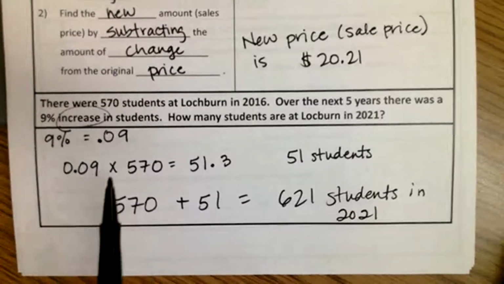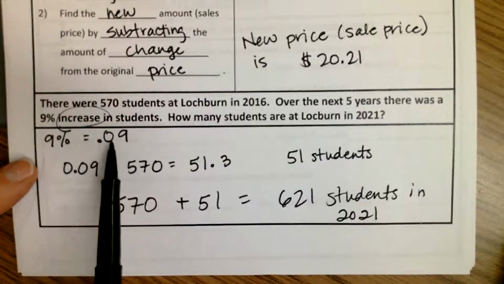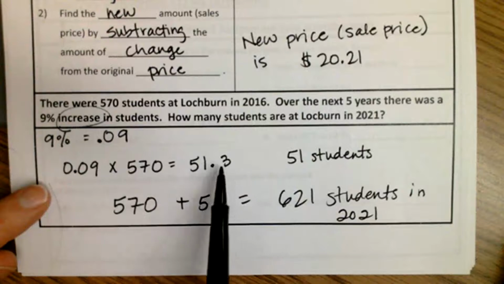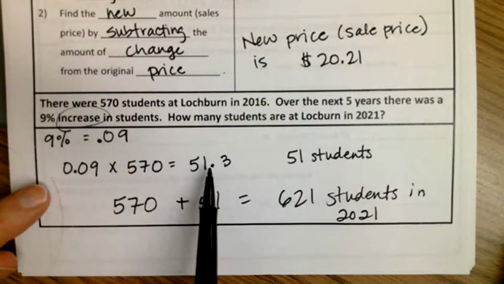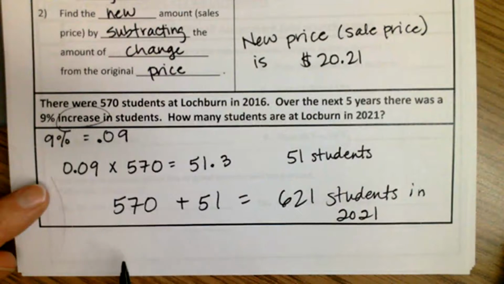Okay, so again, we take the percent increase, change the percent to a decimal, multiply that times the original number. That gives us the amount of change. And since the change was an increase, we add the number to the original and we get the new number.